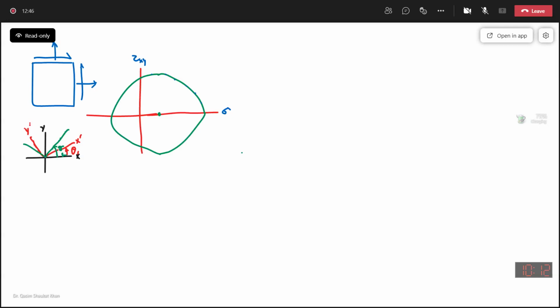Now this x double dash and y double dash, their transformed normal and shear stress values will be different from x dash, y dash.